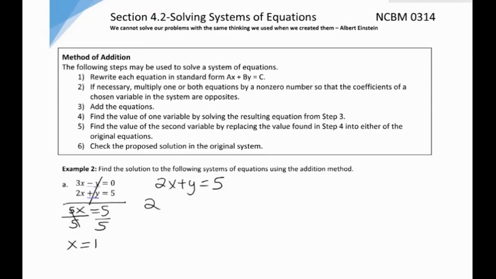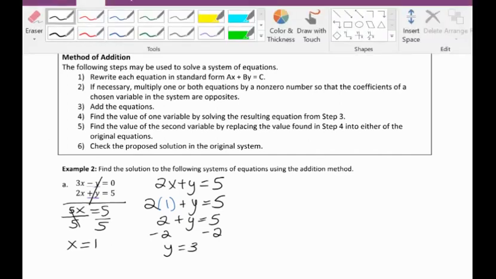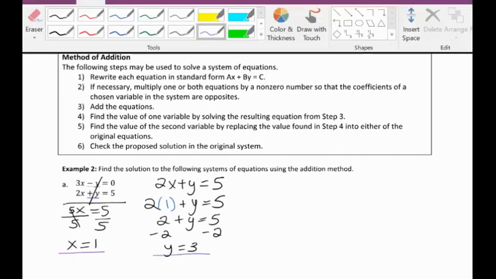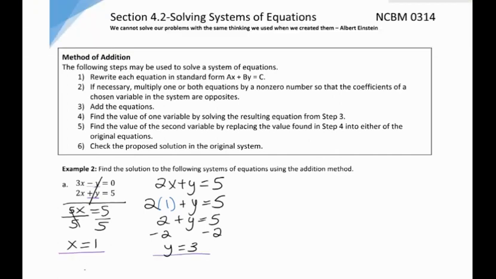So 2 times x, but x is 1, plus y equal to 5. 2 times 1 is 2, plus y equals 5. Subtract 2 on both sides. So y equals 5 minus 2, 3. So we have the value for x and the value for y. So my solution is (1, 3).